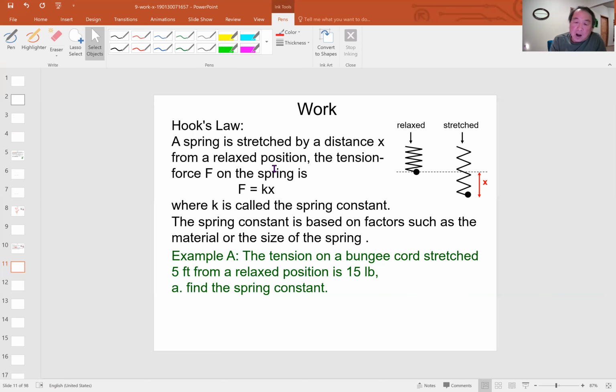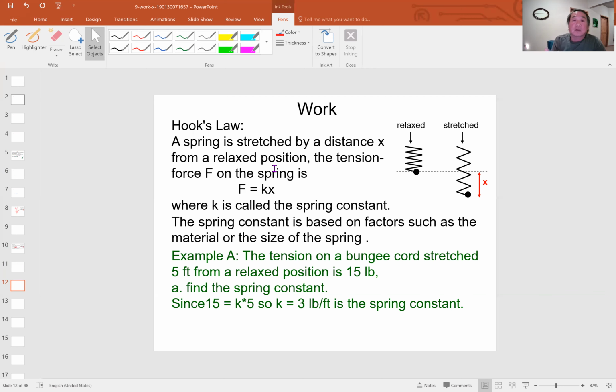Here's an example. A bungee cord is stretched 5 feet longer from a relaxed position, and it holds 15 pounds of weight; it got stretched by 15 pounds of weight. So what's the spring constant? Putting the distance and 15 into the formula, the constant is 3 pounds per foot.